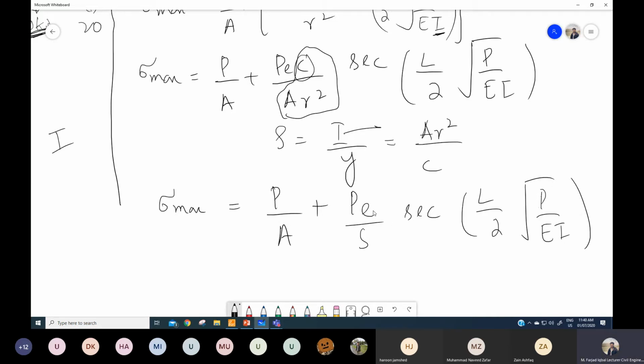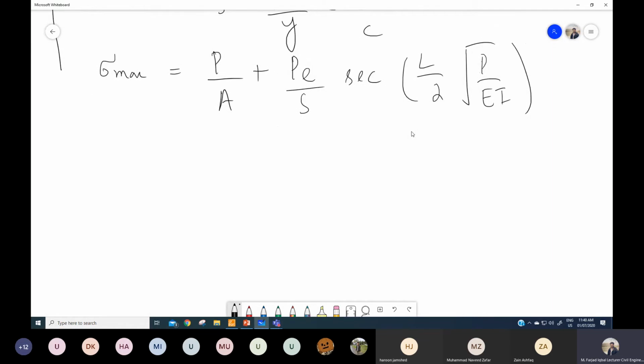So sigma maximum is P over A plus P E over S secant L over 2 under root P over EI. This is one form which we will mostly be using in the design problem.